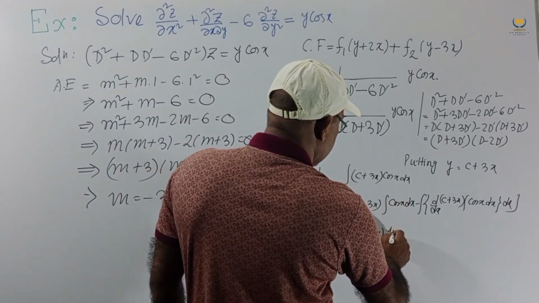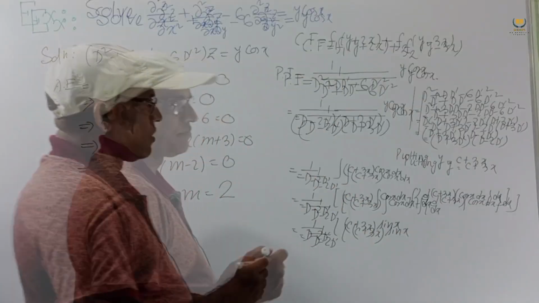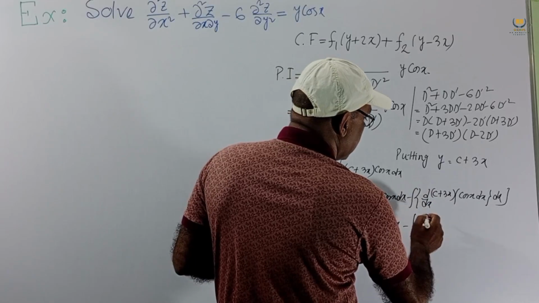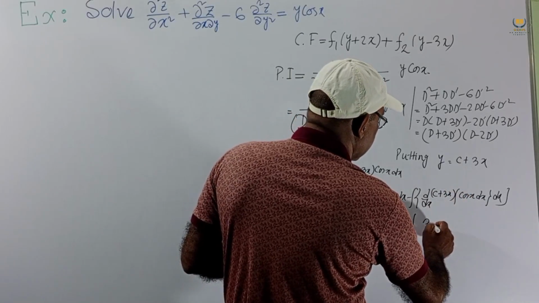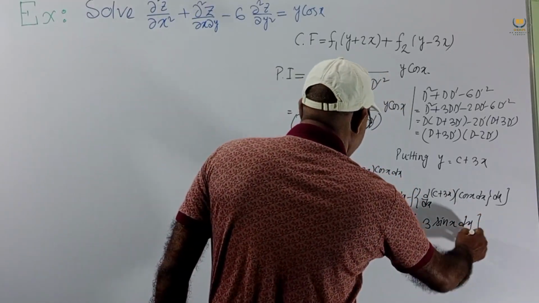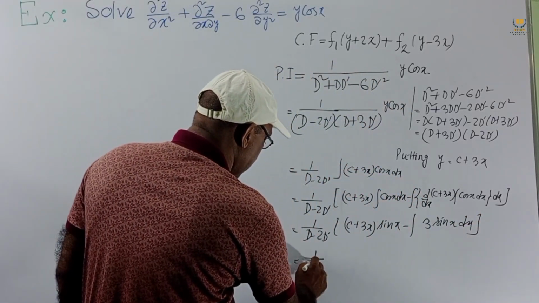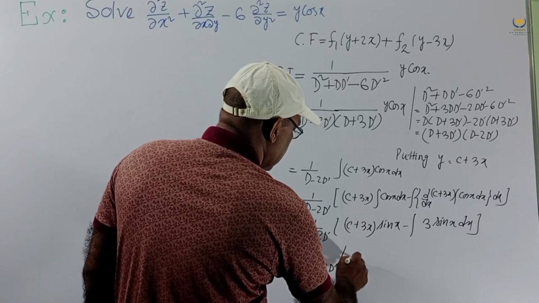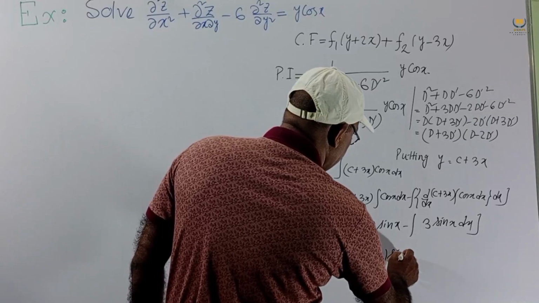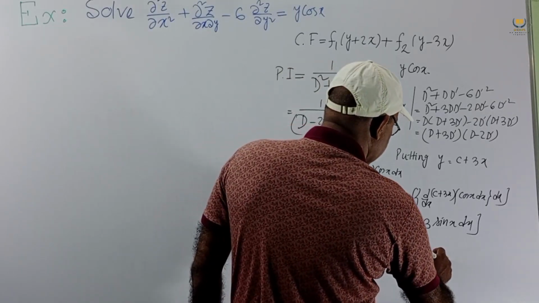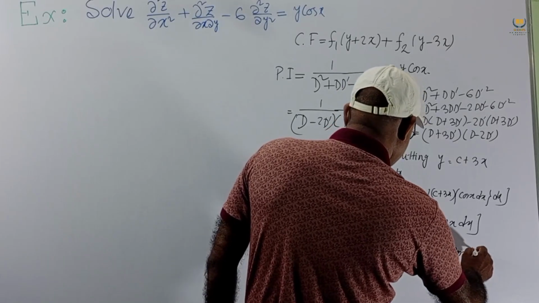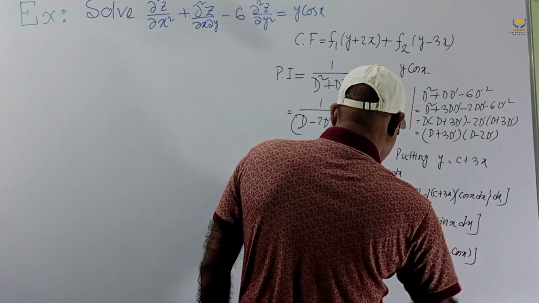Integration of this is 0, this is 3 into 1, ultimately 3, and integration of cos x is sin x. Now 1 by (D - 2D') (c + 3x) sin x minus 3 times integration of sin x, which is minus cos x.